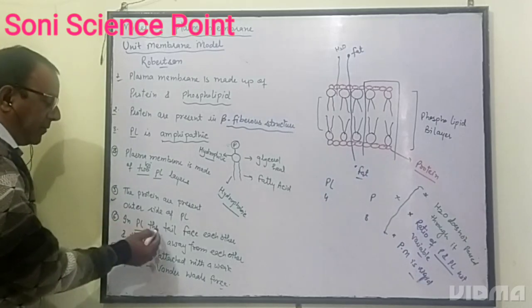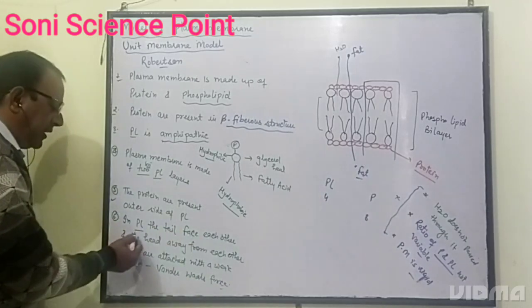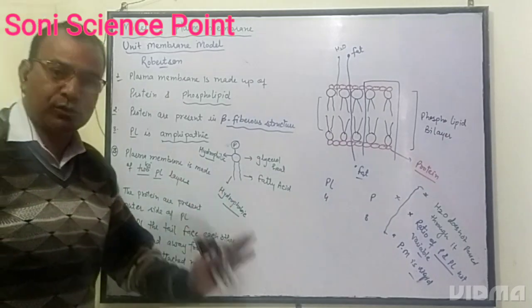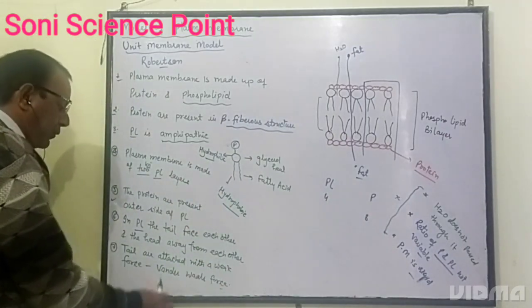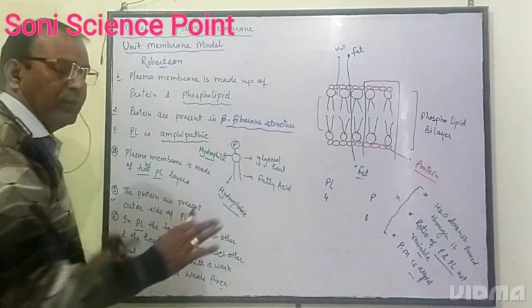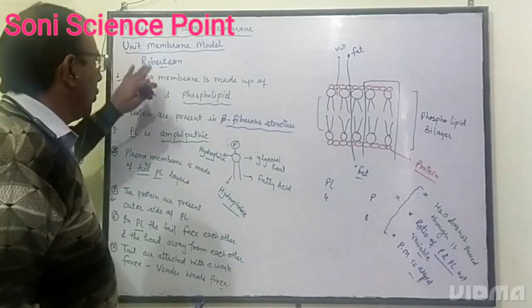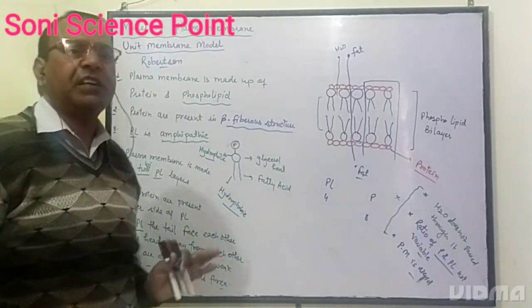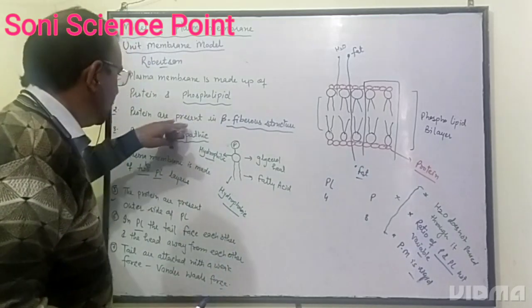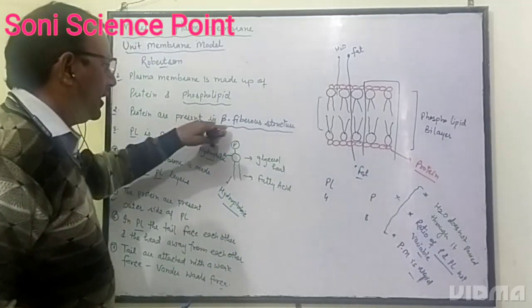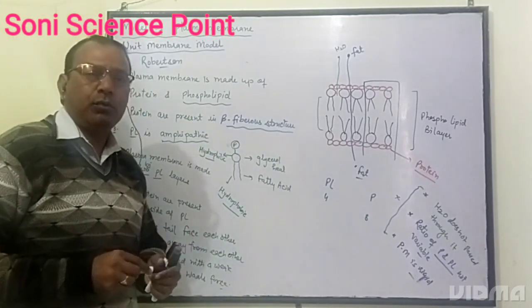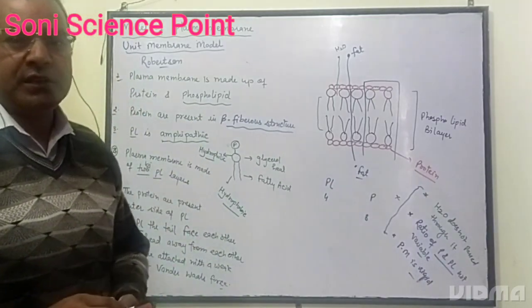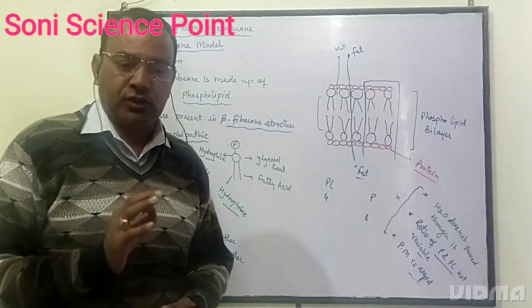In phospholipid, the tails face each other and the heads face away from each other. That is also followed. Next, tails are attached with a weak force, van der Waals force. There is no other change in the Robertson model compared to Danielli and Davson, but one thing is changed. Proteins are present in beta fibrous structure, but according to Danielli and Davson, proteins are present in alpha globular structure.